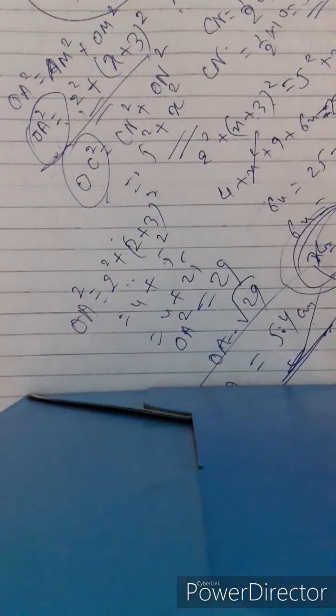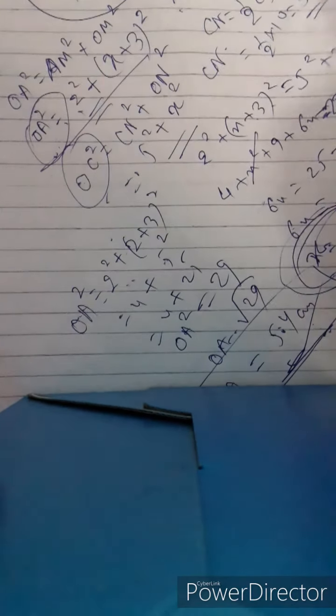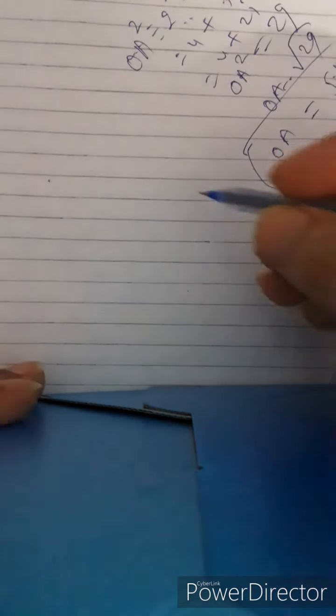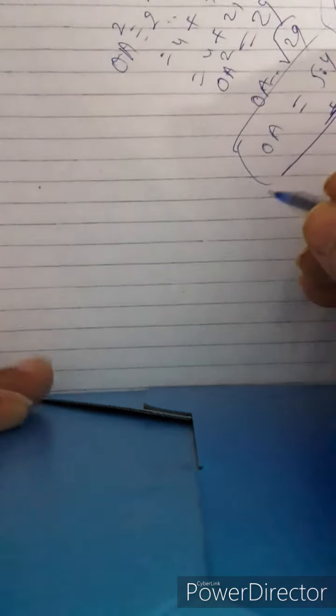So now coming to another problem. It's very simple. Let's take a simple problem and wind up the first part of this chapter. I'll just draw the figure first, after that the proving part will come.